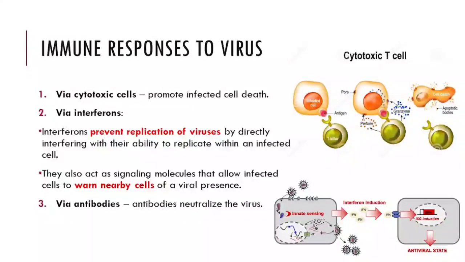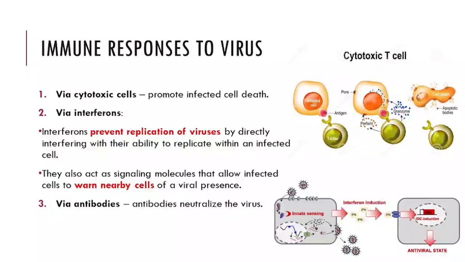So the name interferon means interfere. They also act like signaling molecules that allow infected cells to warn nearby cells of a viral presence. What do we mean by this? It's just like a cellular phone.